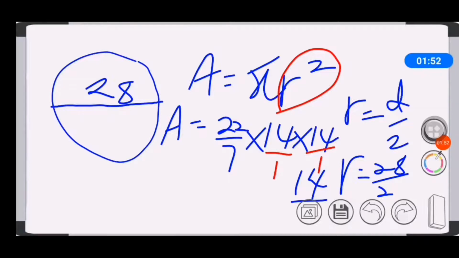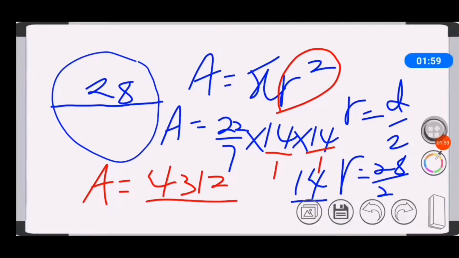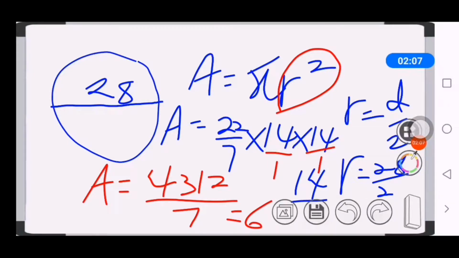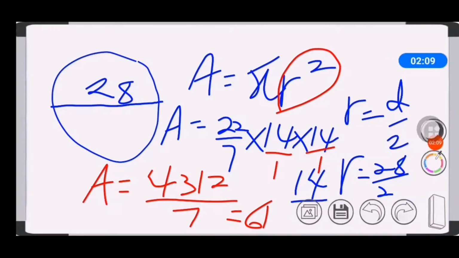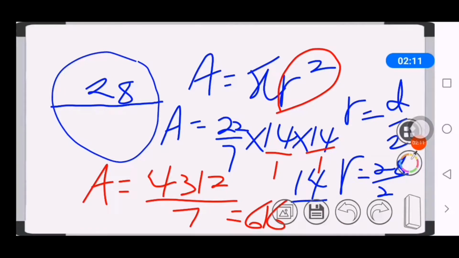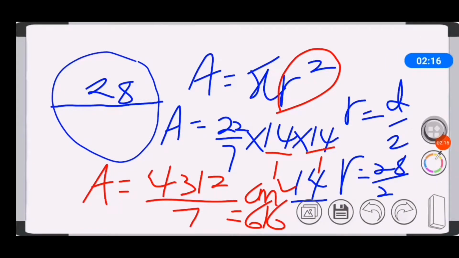That should give you 4,312 all over the denominator, 7 times 1 times 1, which is still 7. So the numerator divided by 7 should give you 616 squared centimeters, if the unit said centimeters. Remember, it's still area, so we need the answer to be squared.